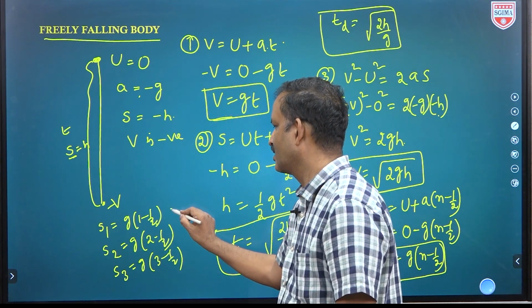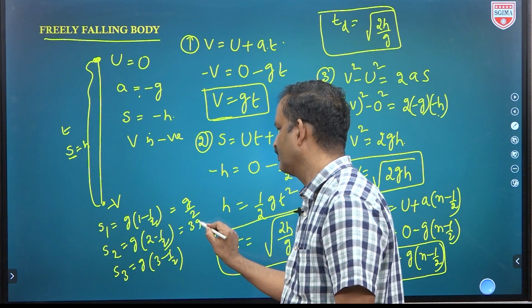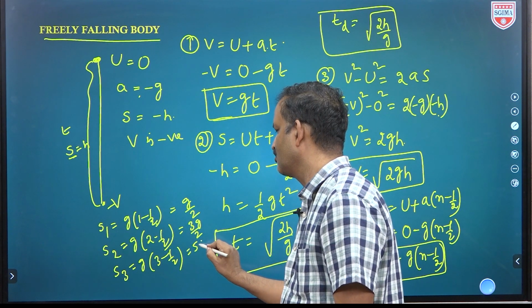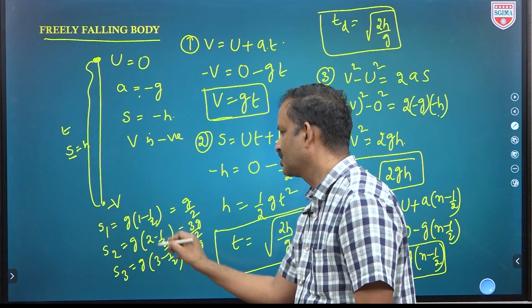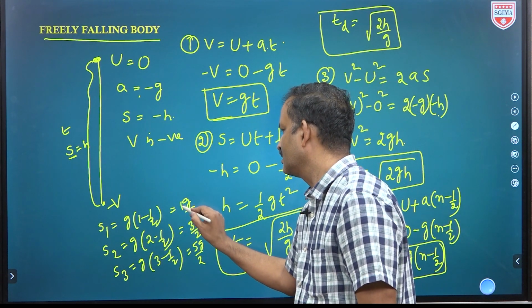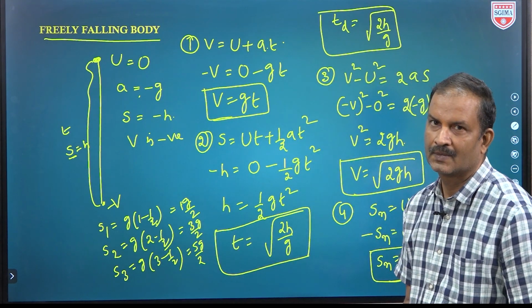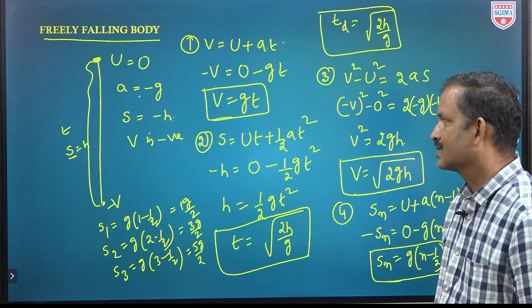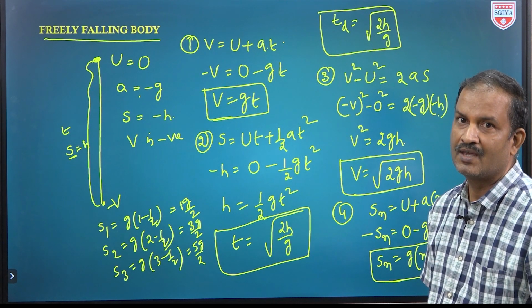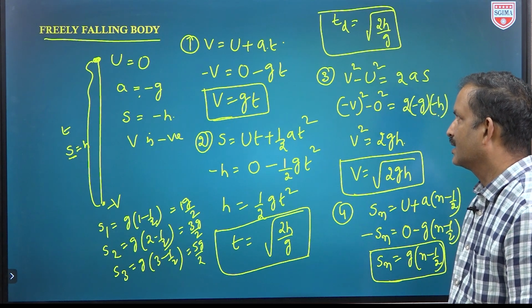In this way we can find this value is g by 2, this value is 3g by 2, this value is 5g by 2. So, ratio S1 is to S2 is to S3 is 1 is to 3 is to 5. All g by 2 will cancel. These are the equations of motion in case of a freely falling body. Got it?